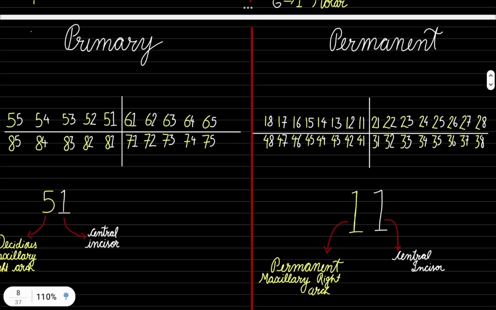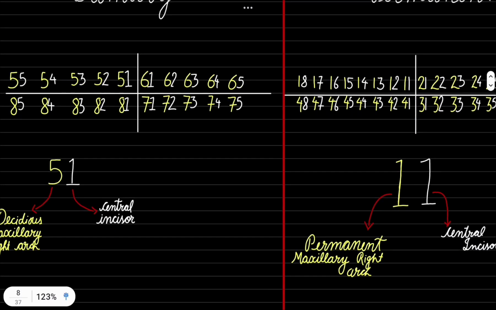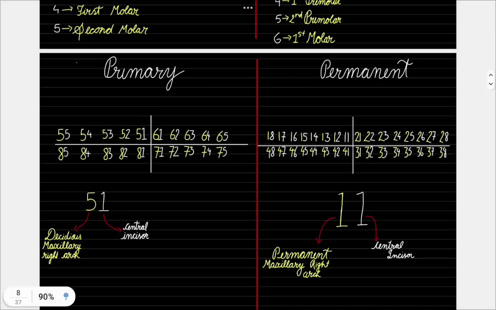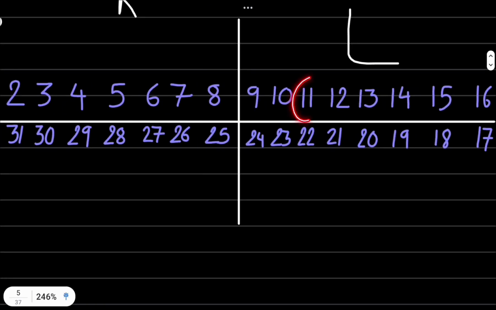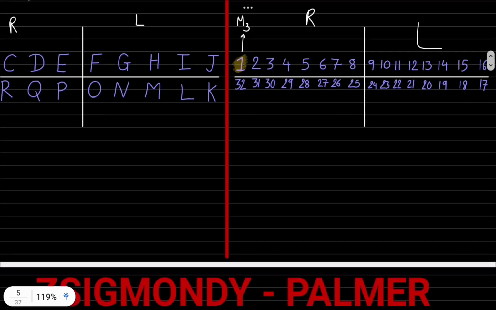And also remember, never speak these numbers as 11 or as 51. Always remember to speak it as 1, 1, because otherwise you will confuse it with the universal system. In the universal system also we have the number 11 over here. See, this is the number 11, which is the permanent maxillary left canine.